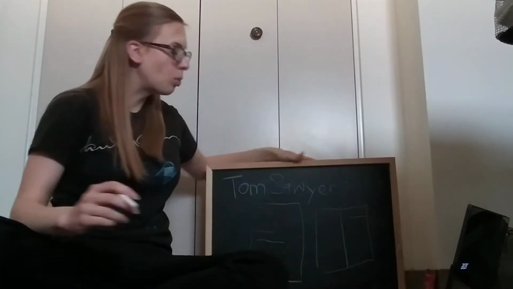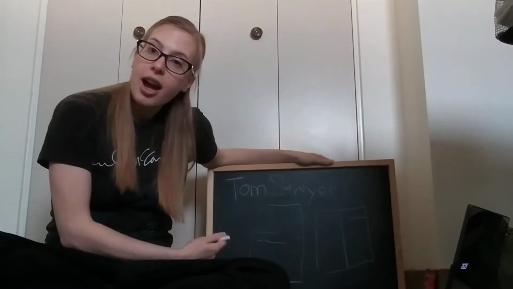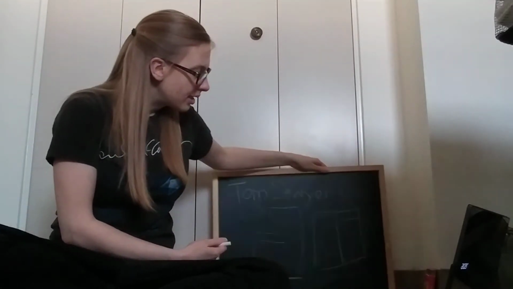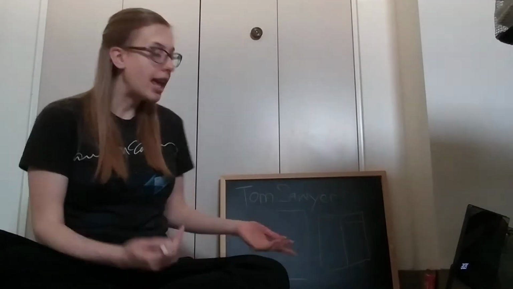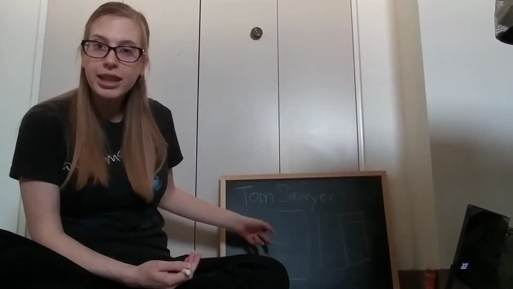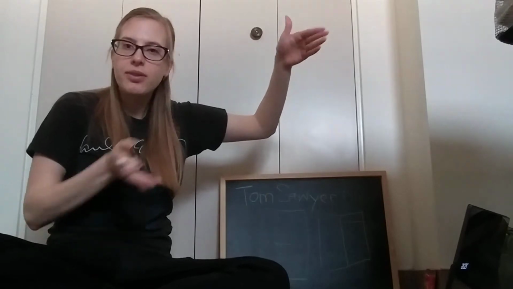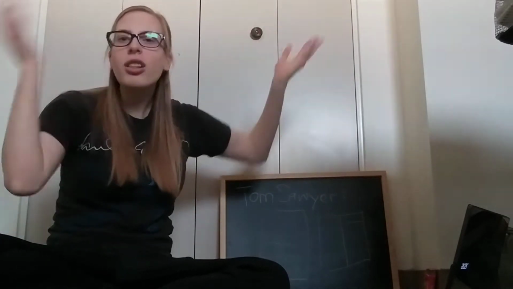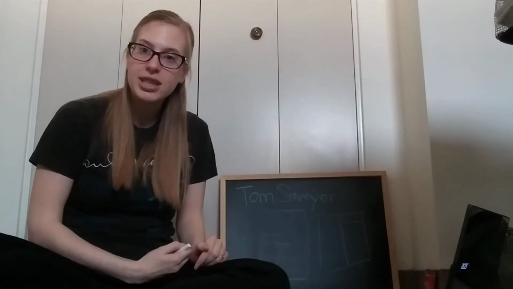All right, so what we're going to be doing is, as we read, you need to find evidence from the book that says that, yeah, Tom Sawyer is really interesting, okay? Once we finish the book, you'll have all of these characters and all of this evidence saying, hey, this person is interesting.